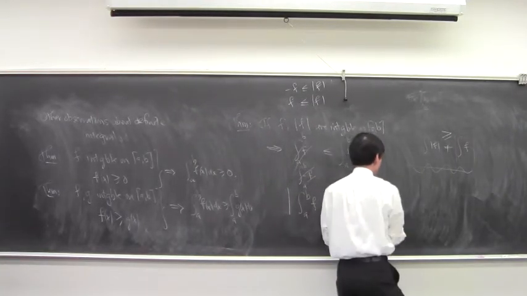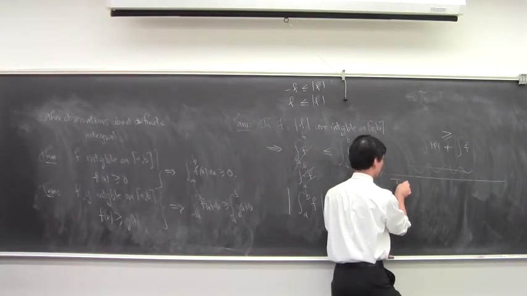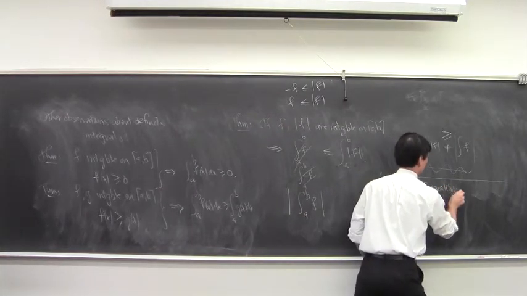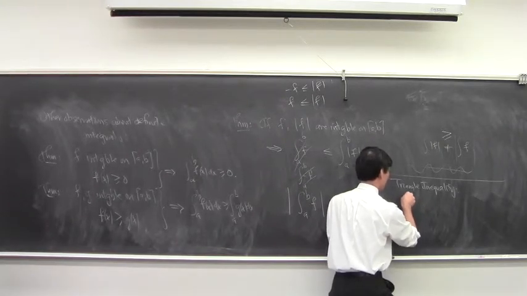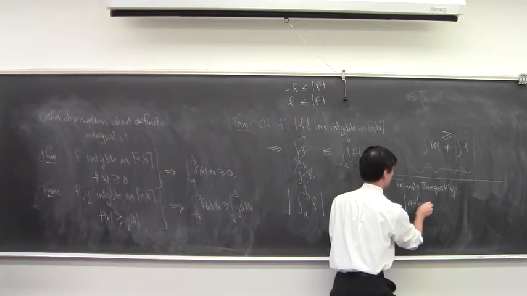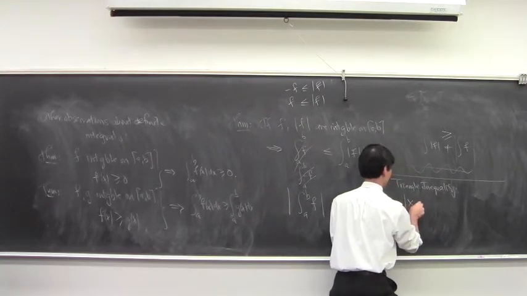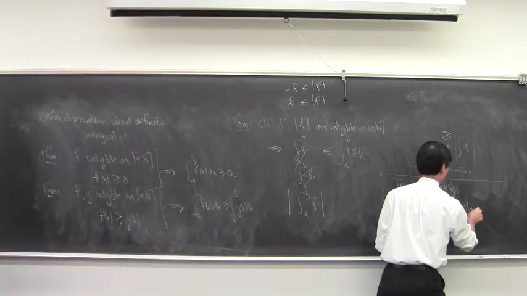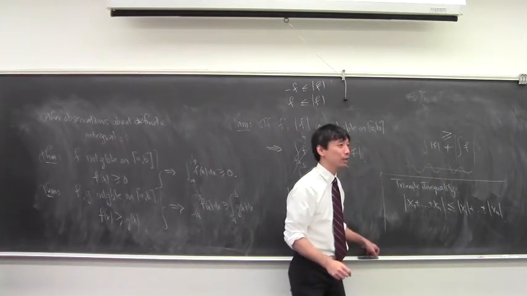Okay. This is actually another version of the triangle inequality. Remember the triangle inequality? Which said that if you take the absolute value of a sum, well, that's smaller than the sum of the absolute values, right?